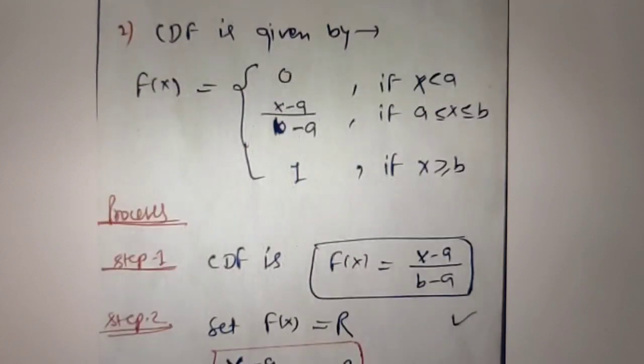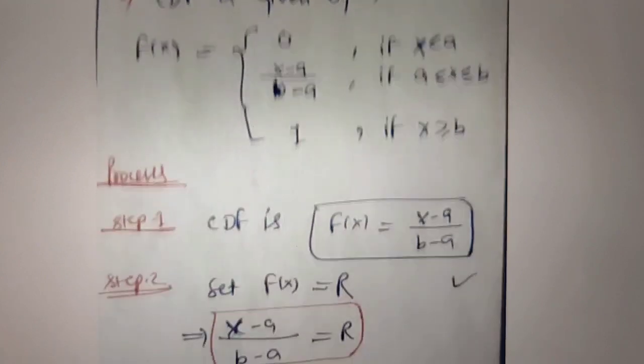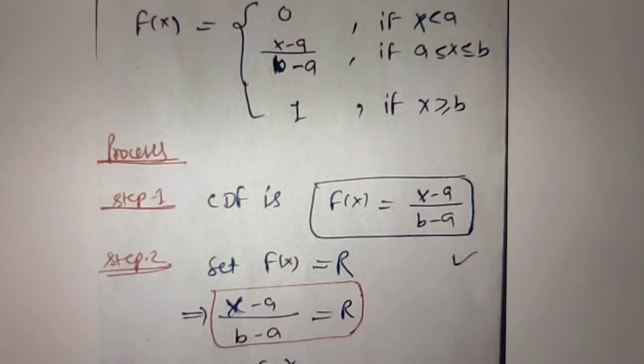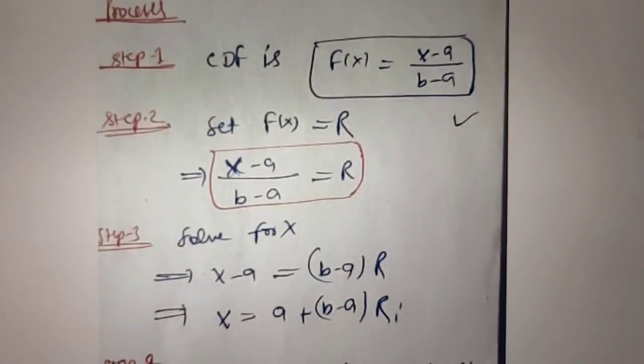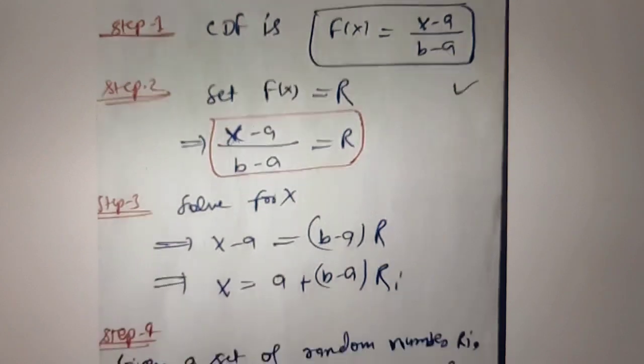If we set F(x) equal to r, this value is simply equal to r. Now if we solve it, x minus a will be equal to b minus a into r. By solving these values, we get x equal to a plus b minus a into r.